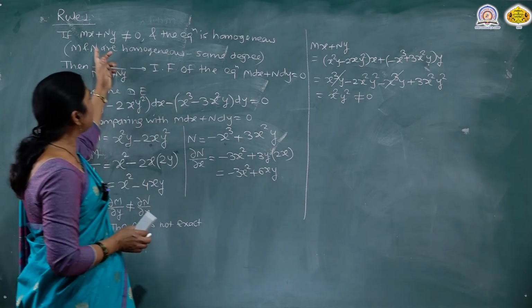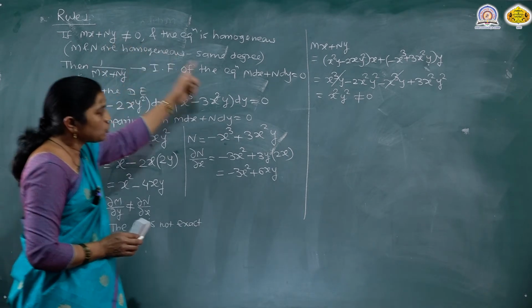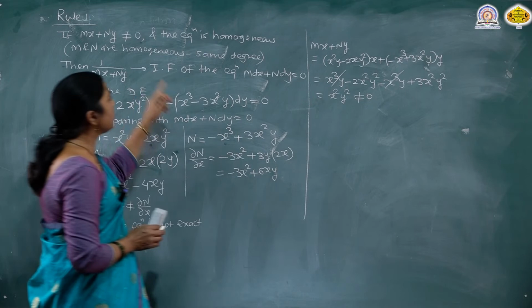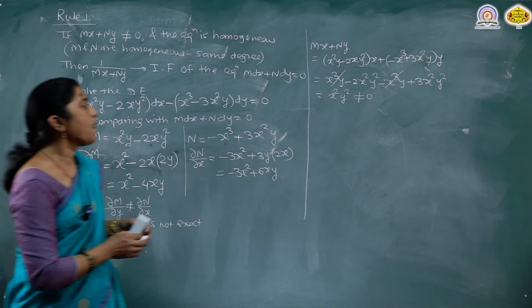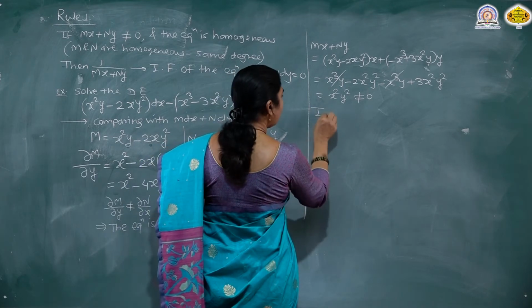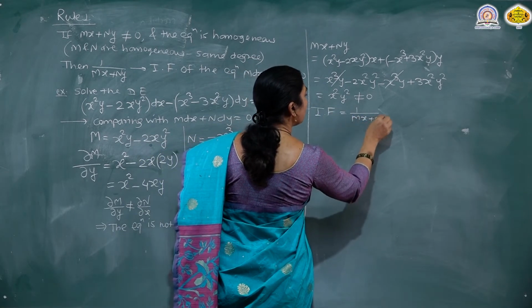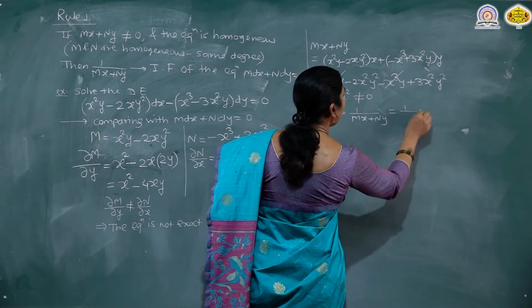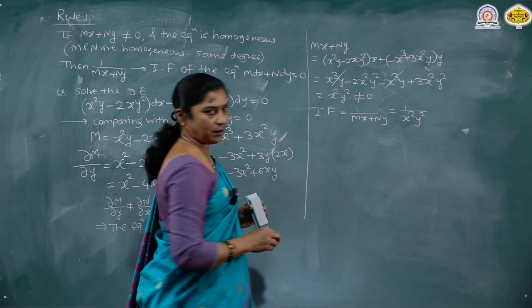Both conditions are satisfied, and therefore the integrating factor is 1 upon Mx plus Ny, that is, 1 upon x²y².